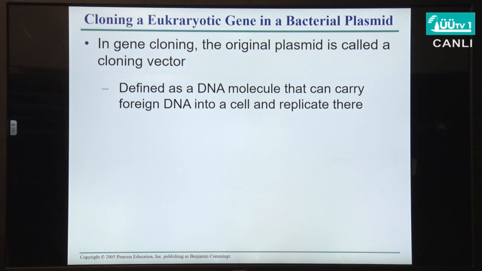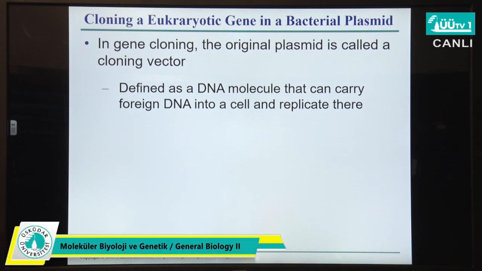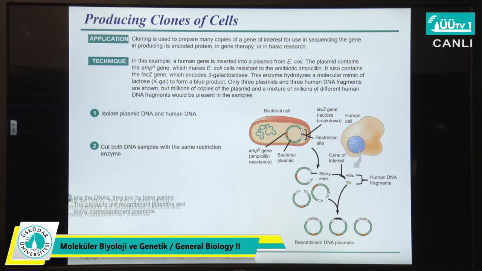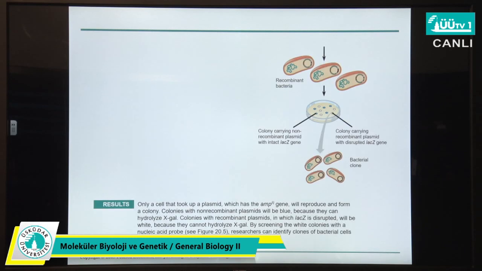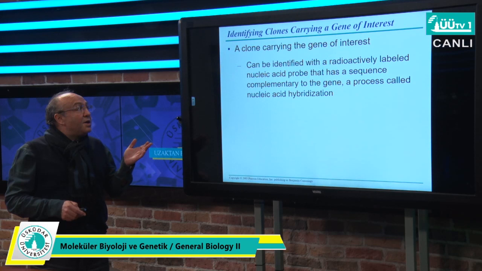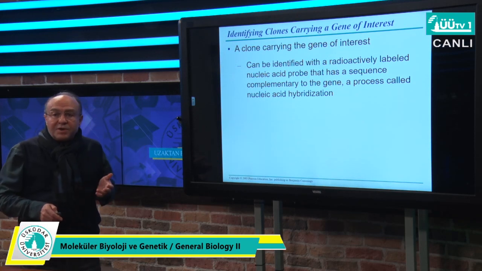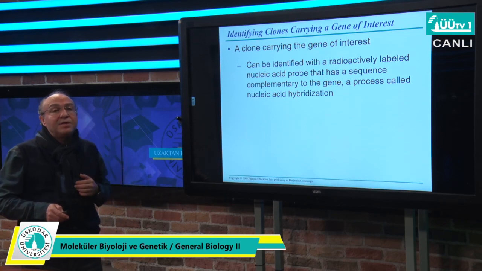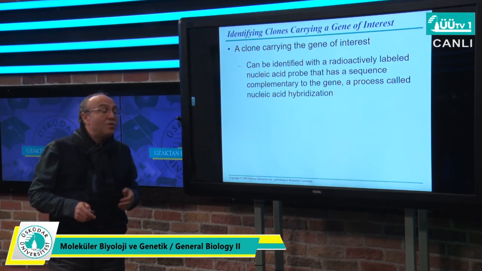And cloning a eukaryotic gene into a bacterial plasmid is a technique we talked about. Then identifying the clones carrying a gene of interest: we have to find the desired genes to transfer to another organism.